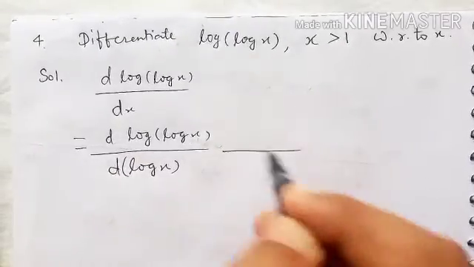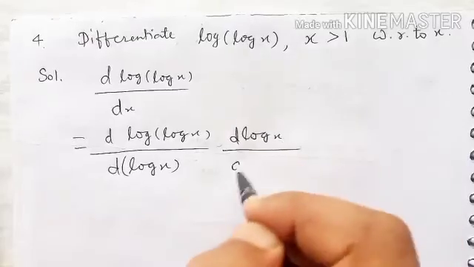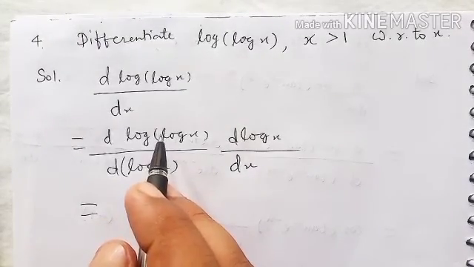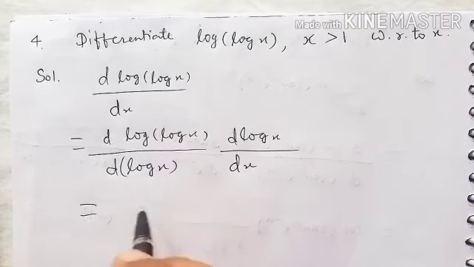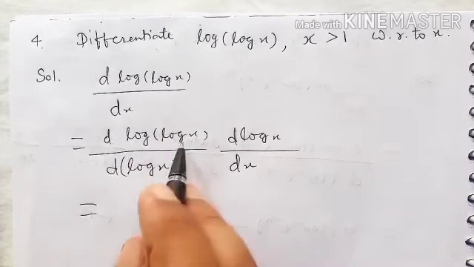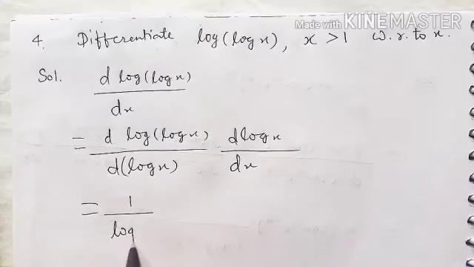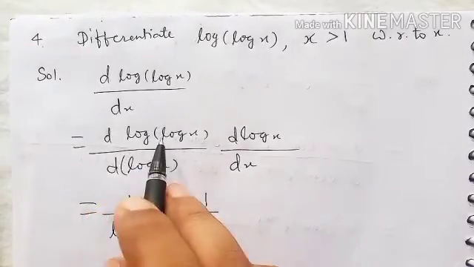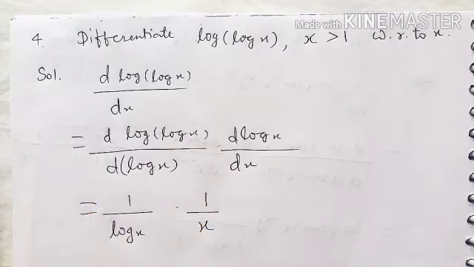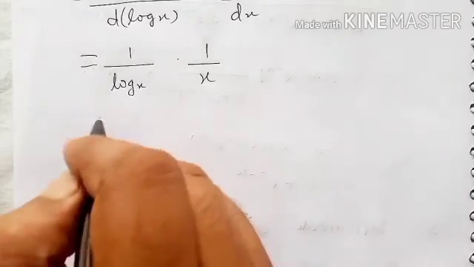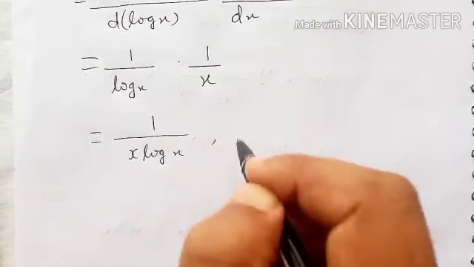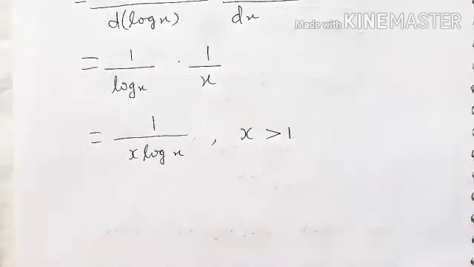Again log x is the function of x, and we know that the derivative of log x is 1 by log x, and the derivative of log x is 1 by x. This can be rewritten as, where x is greater than 1 as given in the question.